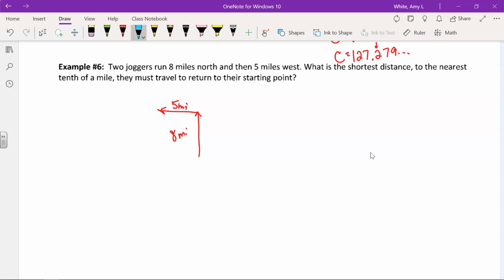Now we know the shortest distance is going to be a straight line. So the shortest distance would be this piece right here. So I'm going to rewrite that 8 miles over here. We know that they want to travel along this diagonal. That is the hypotenuse of our right triangle.